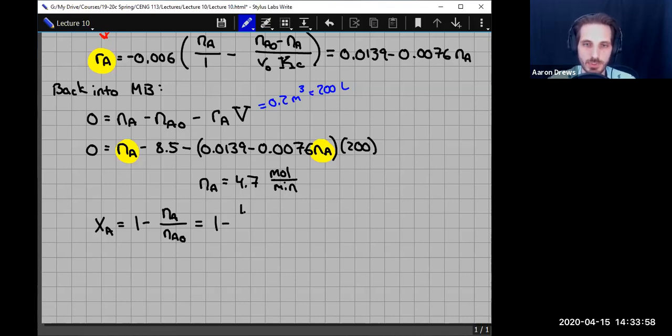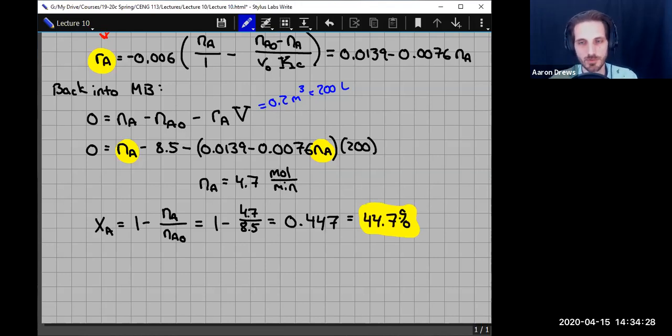And so this ends up being 1 minus 4.7 divided by 8.5, which is 44.7%. Let's write that out twice, because I know sometimes what do you mean by a percentage comes up, and that's this 44.7%, right? So that's what the question was actually asking us: what's the conversion of xylene at 90 degrees C? It's 44.7%.